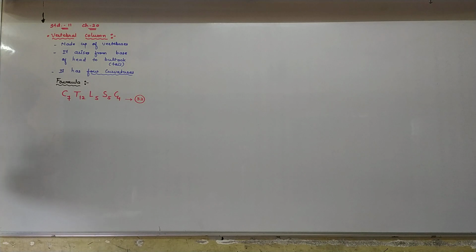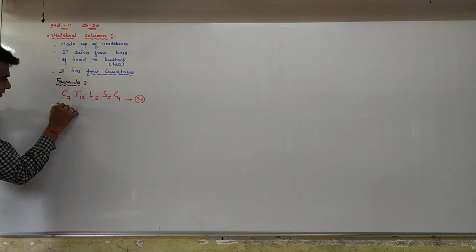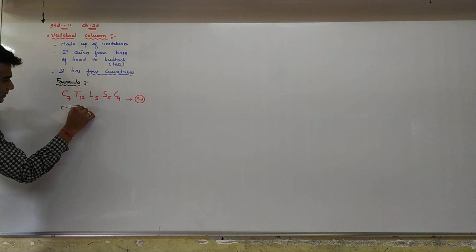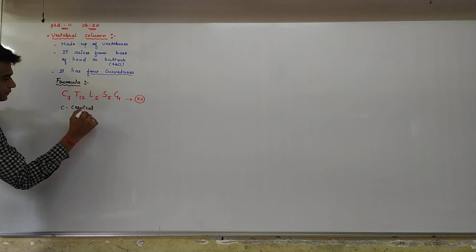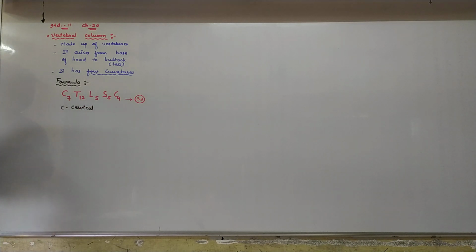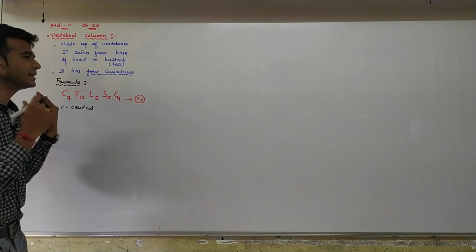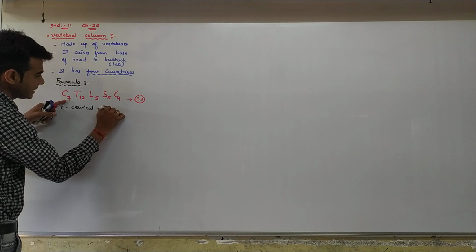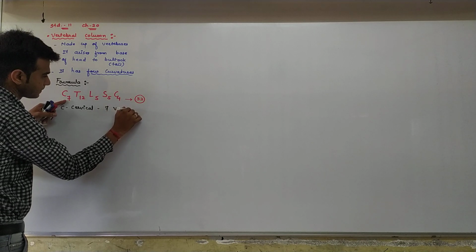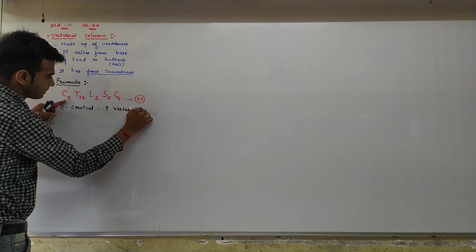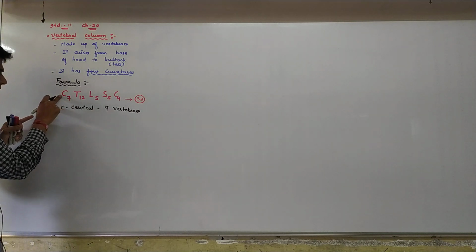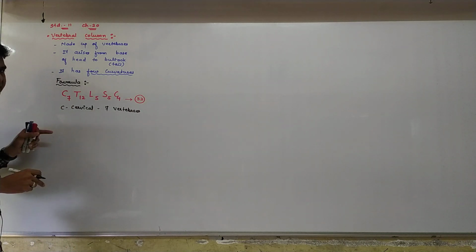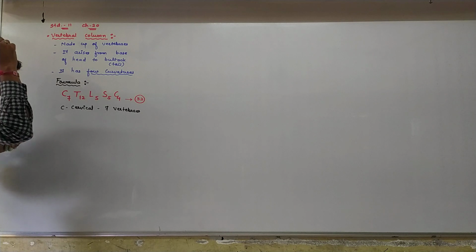Let me explain it. Here, C means cervical. So in the cervical region, in the neck region, we have 7 vertebrae: C1, C2, C3 like that, up to C7. Fine.